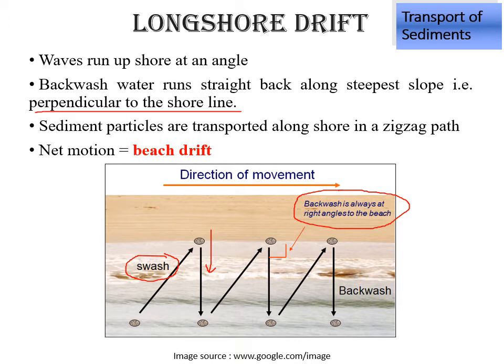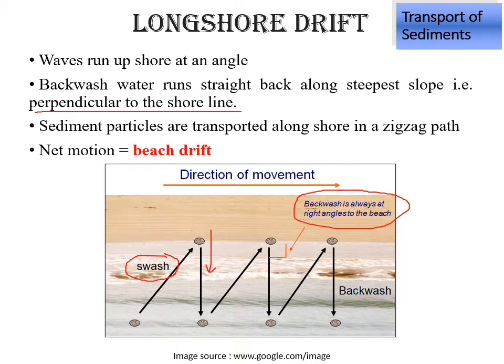So now if we consider a sediment grain which is transported by the swash wave to the land areas, that sediment grain is transported along with the wave in an angular fashion and hits the shoreline. Now when backwash goes back to the offshore part, that will move 90 degrees, or exactly perpendicular to the shoreline.